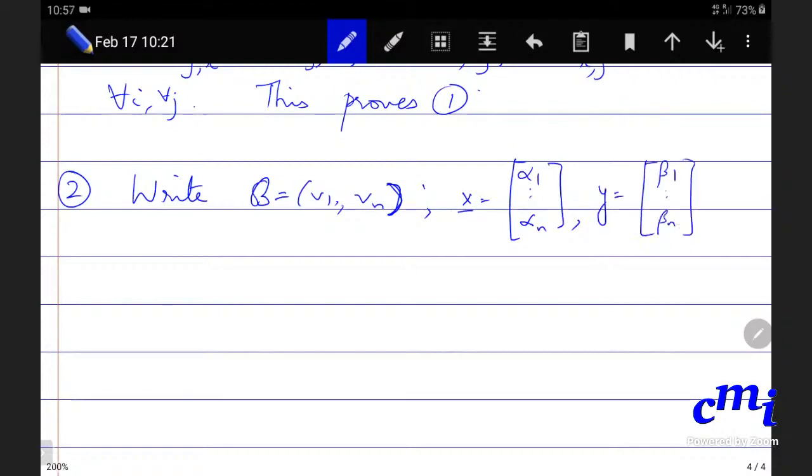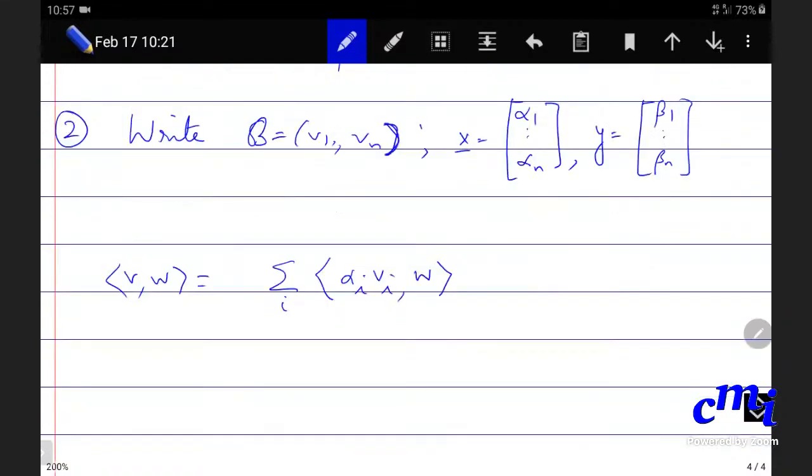Okay, so then ⟨x, y⟩ is just the sum over i of alpha i bar v i, w. Let me now write that as beta j w j.